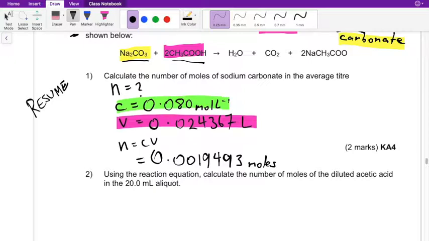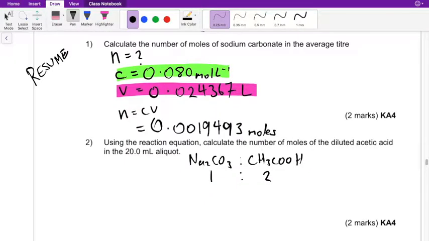So our mole ratio between sodium carbonate and acetic acid is 2 to 1, which means for every 1 mole of sodium carbonate, we're going to have 2 moles of acetic acid. Therefore, we have twice the amount.